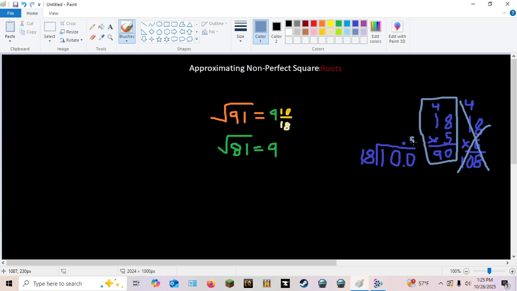So 18 times 5 is 90. Ignore the decimal. Now I'm going to subtract. 100 minus 90 is 10.